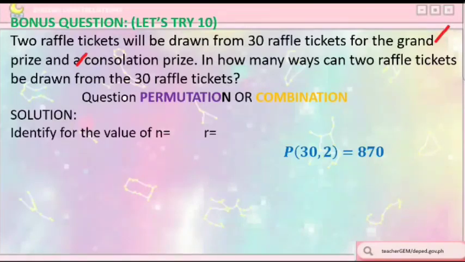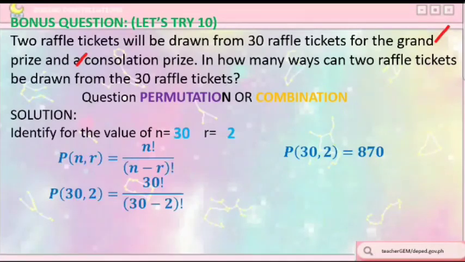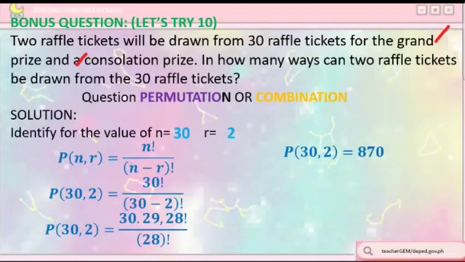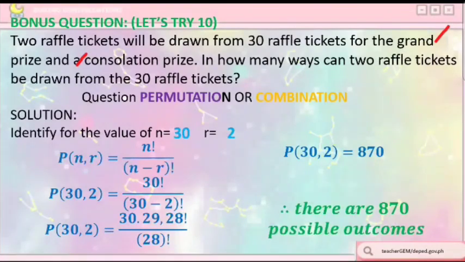So, ang value ng n natin, 30, si r natin is 2. Then, substitute lang natin for the given. Pwede kayong mag-cancel out, si 28 factorial divided by 28 factorial, cancel out. Matitira na lang natin 30 times 29. 30 times 29 is 870. Or there are 870 possible outcomes.